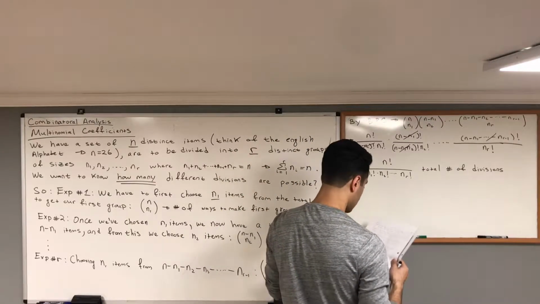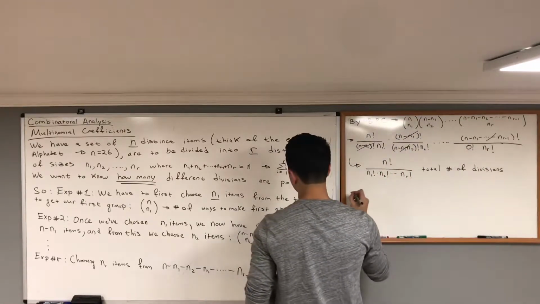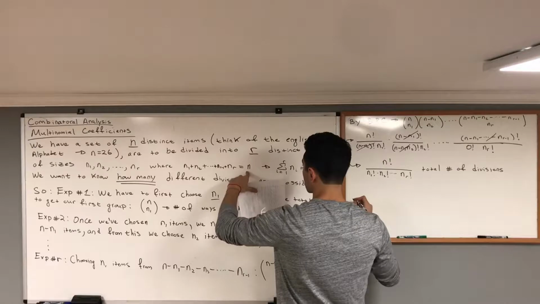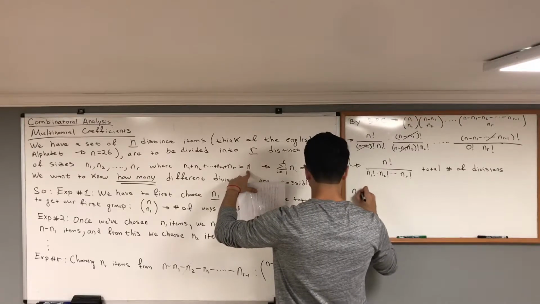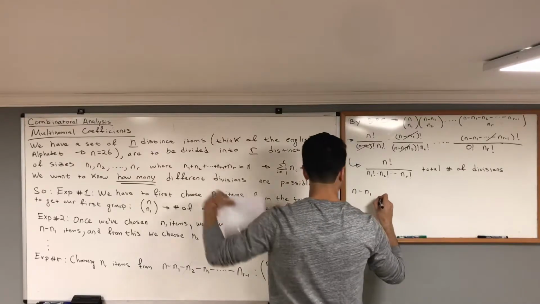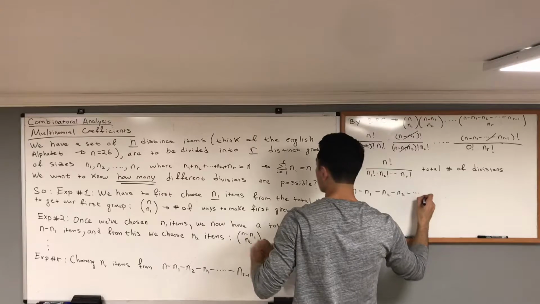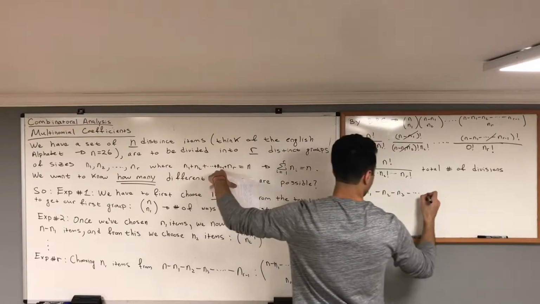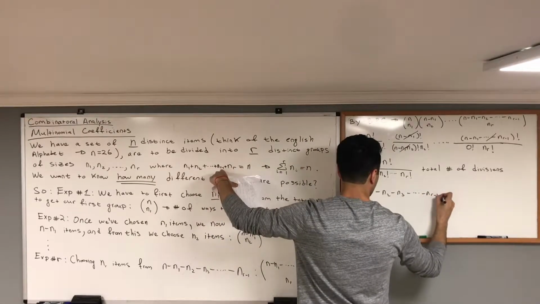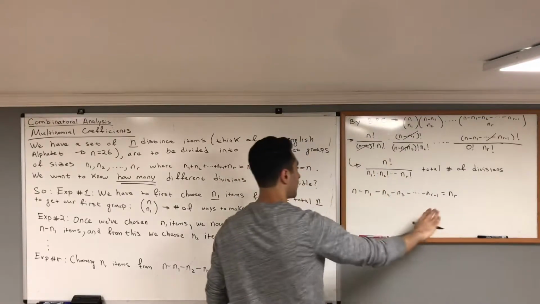Okay, so we had the 0 factorial here again. Where did the 0 come from? Let's work here. So n, and I'm going to subtract all from here. So n minus n1 minus n2 minus n3, all the way, and then I'm subtracting off, let's say, nr minus 1, and this then equals nr, because I subtracted everything except nr.